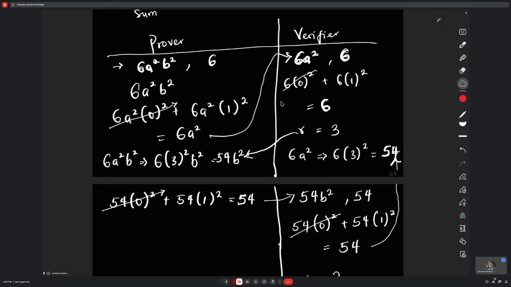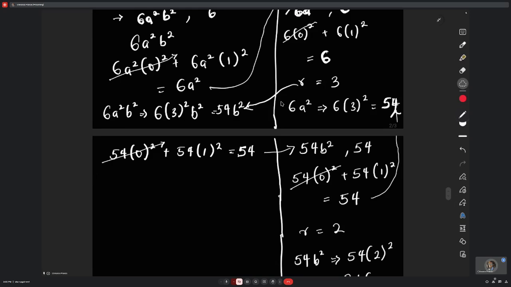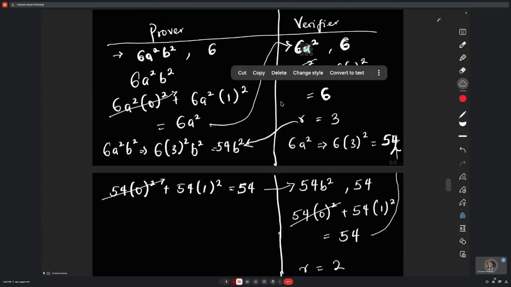The verifier then samples a random challenge, r equal to 3, and evaluates 6a squared at r equal to 3 in order to get the claimed sum for the next round.